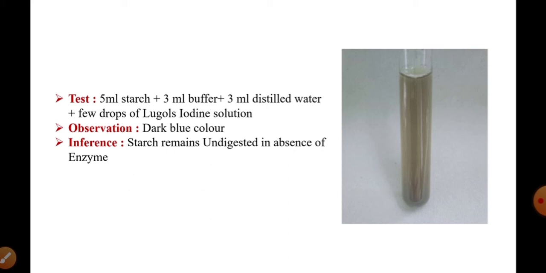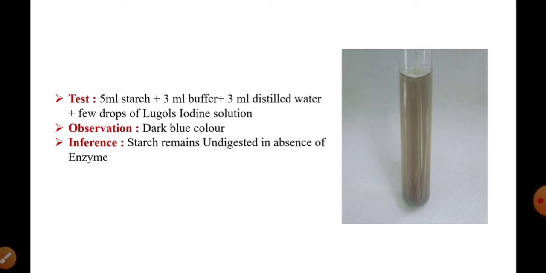Okay, so at the bottom of the test tube you can see that the color changes to darker bluish black coloration. Now why did the color change? In this test tube, the starch remains undigested in the absence of enzyme. So if you remember, we had not added the enzyme amylase into this test tube. And so the starch remains undigested and it will show the color change to bluish black coloration.